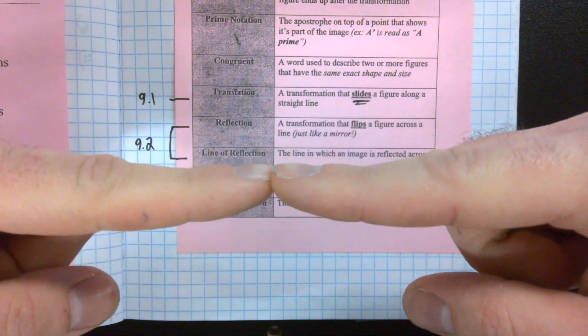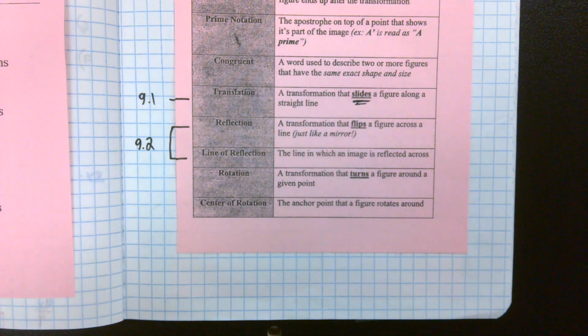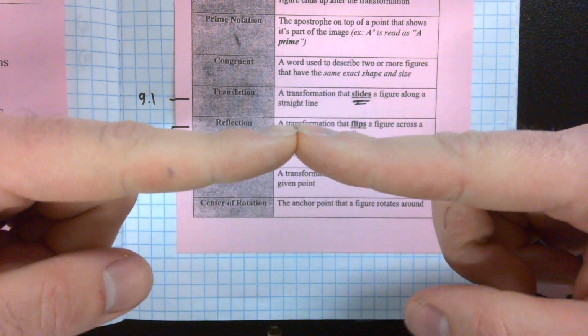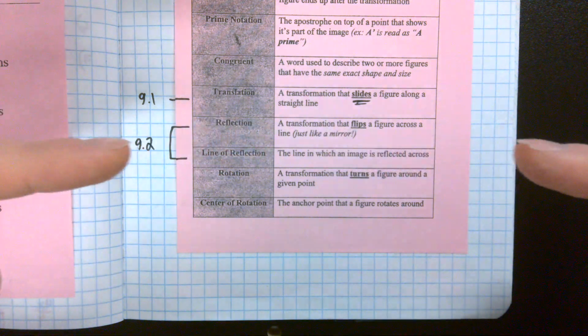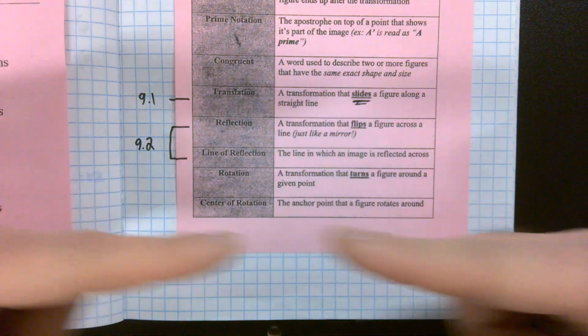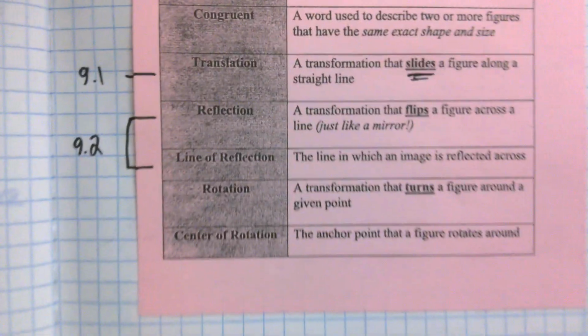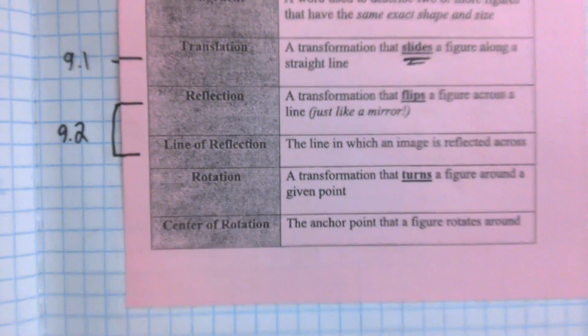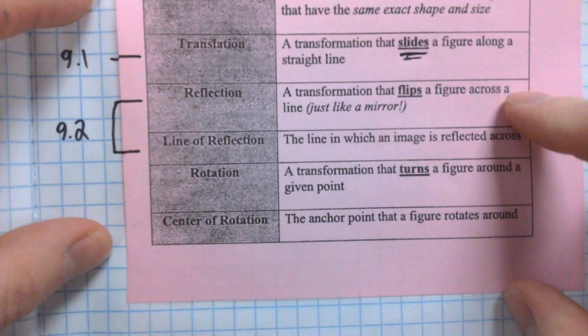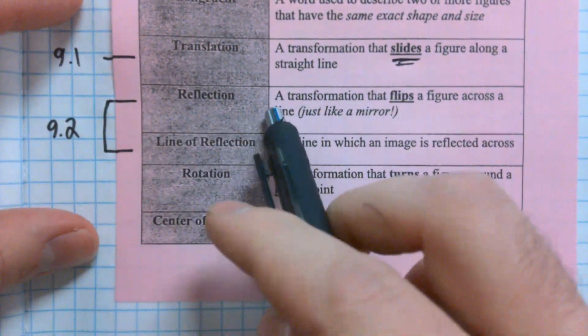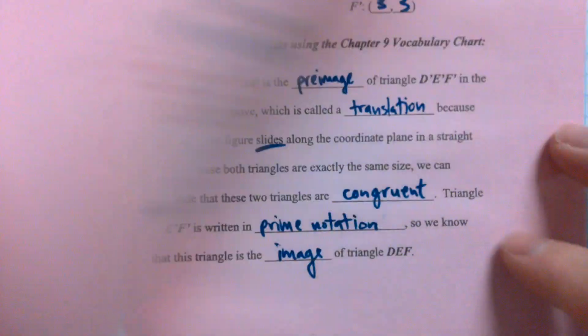Boom, your fingers touch. What happens when you take your finger away? They disconnect. They get further and further away, right? So that same kind of mechanic that we see when we're using a mirror in the real world is how we want to think about performing a reflection on a graph.